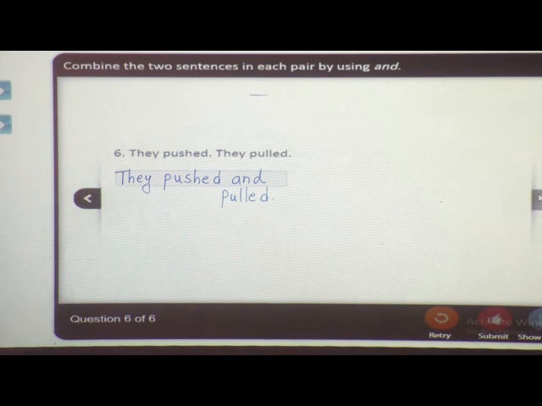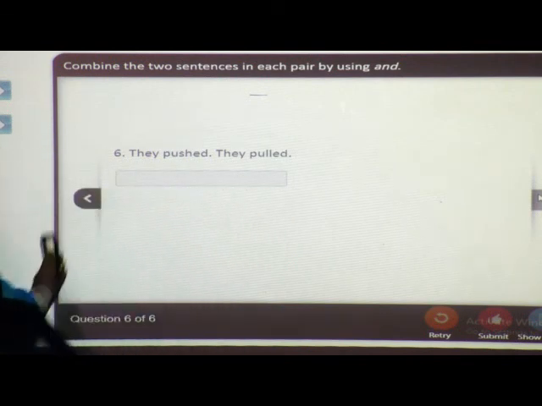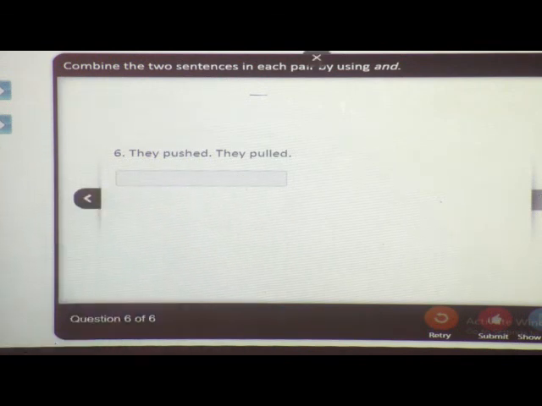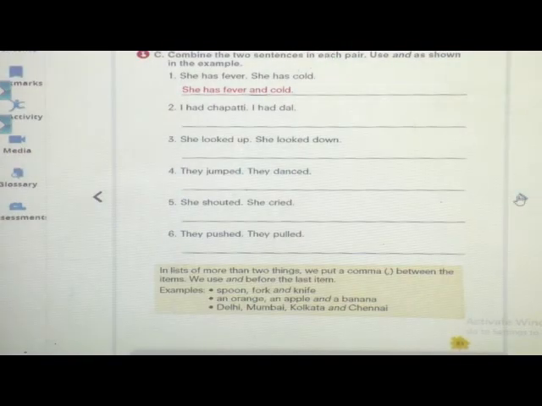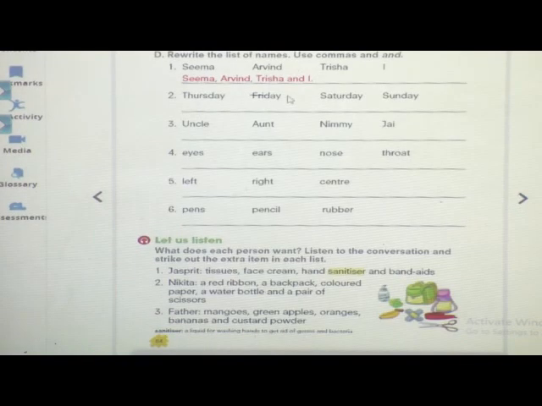Now we will go to the D question. D1. Rewrite the list of names, use commas and and.